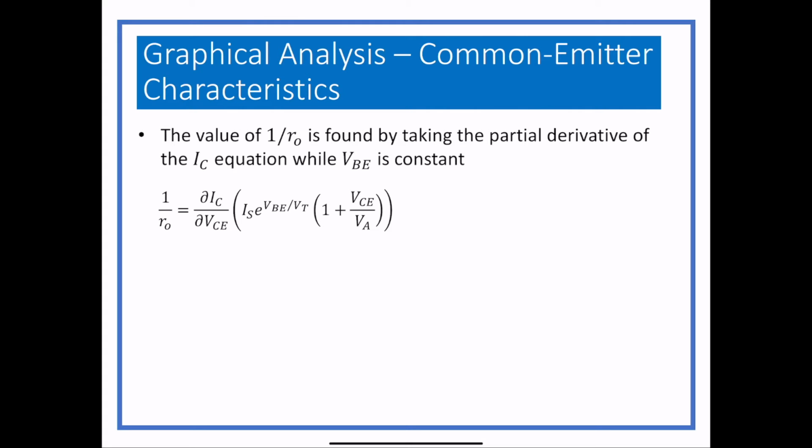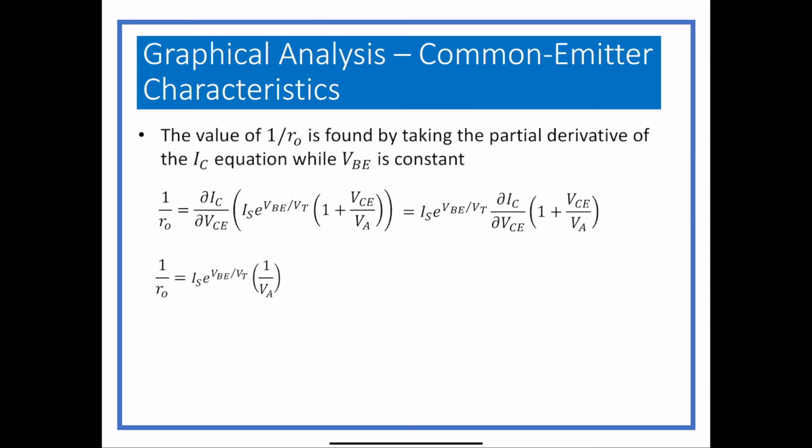The only variable we have is VCE. We pull IS e^(VBE/VT) out of the equation just to get rid of it, and then take the derivative of the inner 1 plus VCE over VA. That gives us just 1 over VA, because the VCE goes away, the 1 goes away. So we end up with 1 over RO is IS e^(VBE/VT) times 1 over VA.